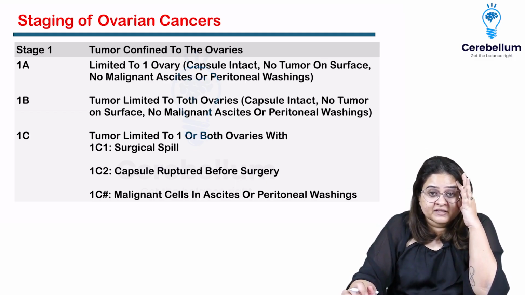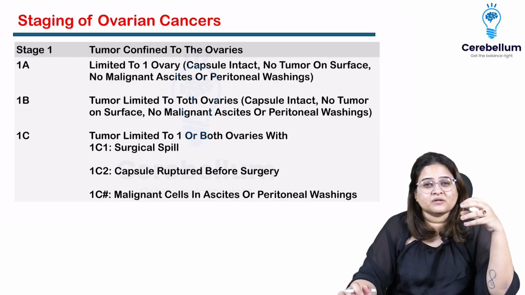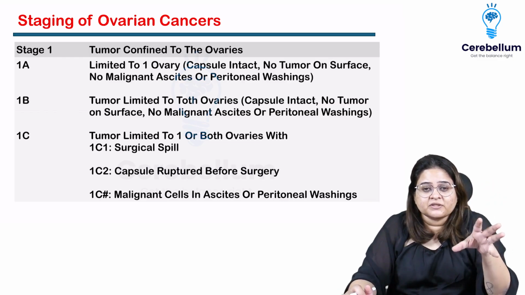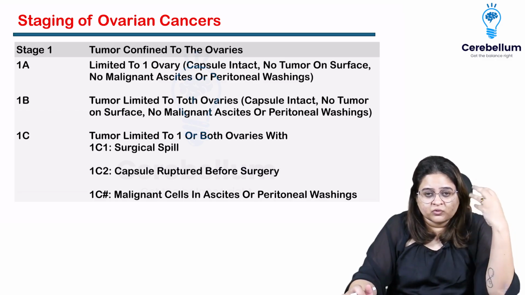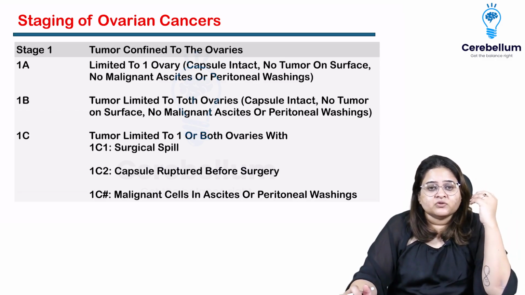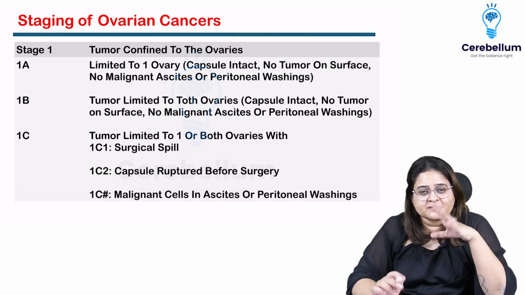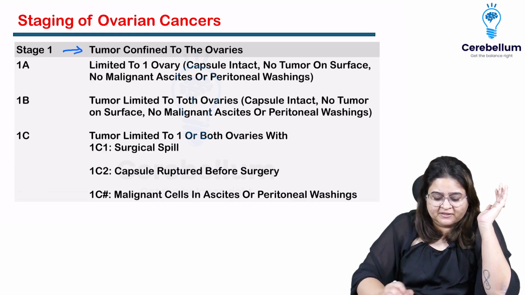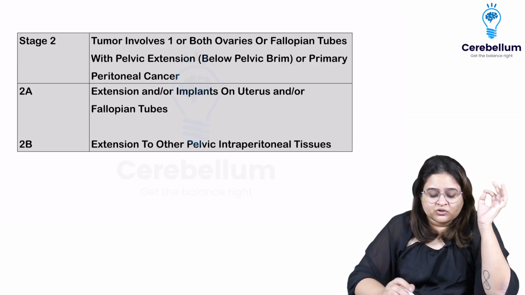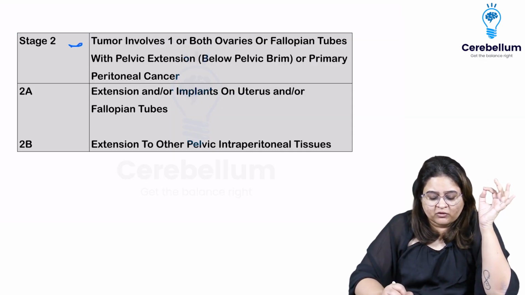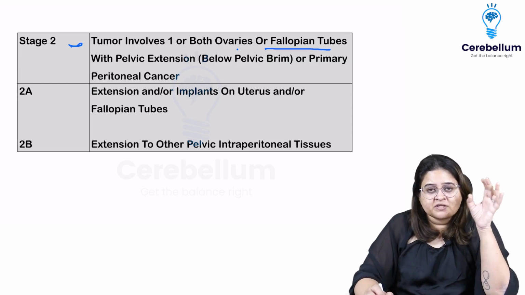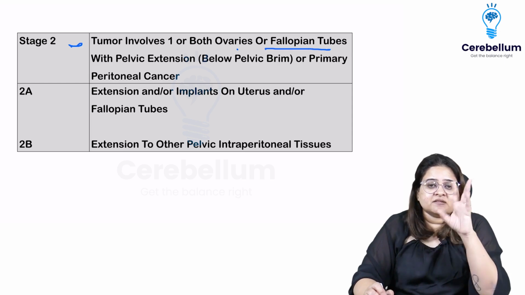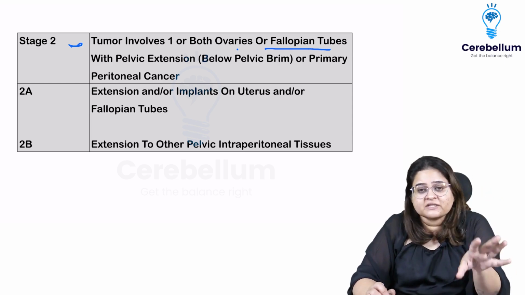Now, staging of ovarian cancer, again, it's not very important, but I've still put it here for you to have a look at it. So, stage 1, I won't go into the details, just the top stages. Stage 1 is when it is confined to the ovaries. Stage 2 is when it involves one or both ovaries. The fallopian tube is also written because ovarian tumor and fallopian tube cancer staging is the same.